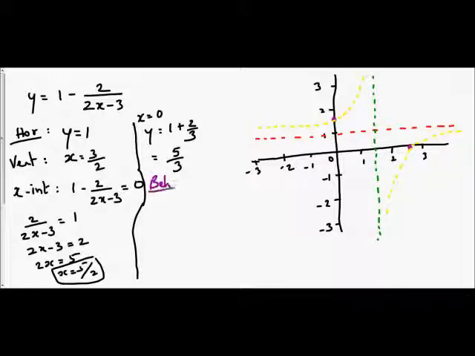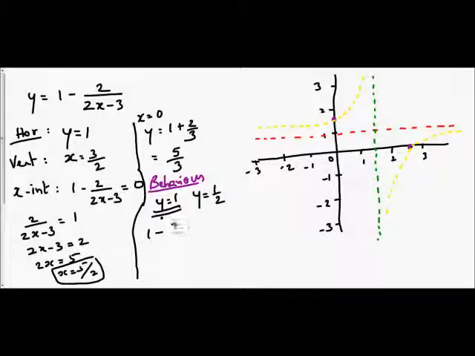So what is the behavior of the curve before and after each asymptote? So let's start with horizontal, which is y equal to 1. So a point before y equal to 1 should be y equal to maybe 0. We can use 0. So what is the value when y equal to 0? We have already done y equal to 0, it is here. So let's have y equal to half.